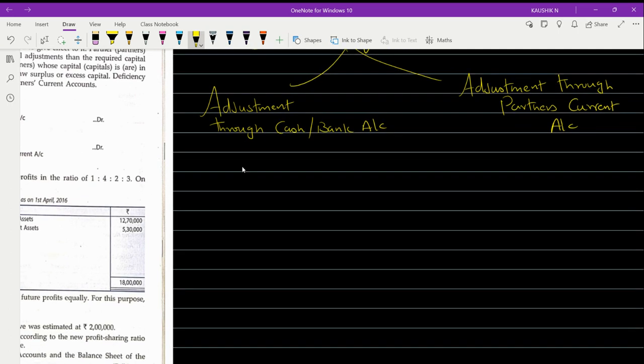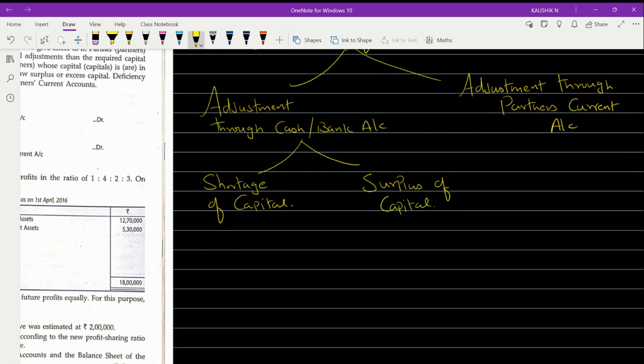Let us see the entry with respect to adjustment of capital through cash or bank account. Here we have two scenarios. One, there could be a shortage of capital. Or the other scenario is there is a surplus of capital.